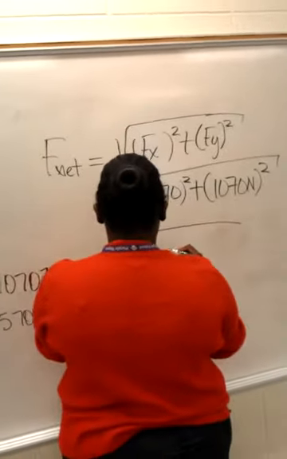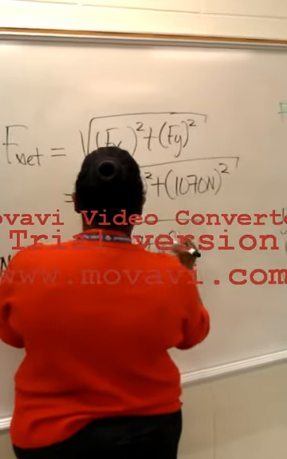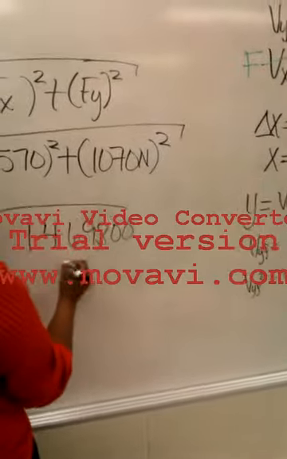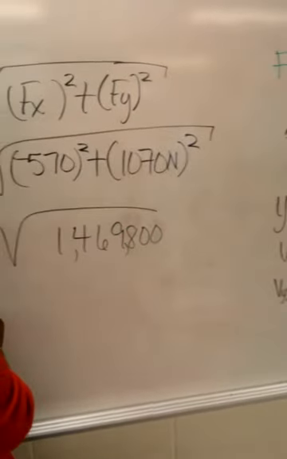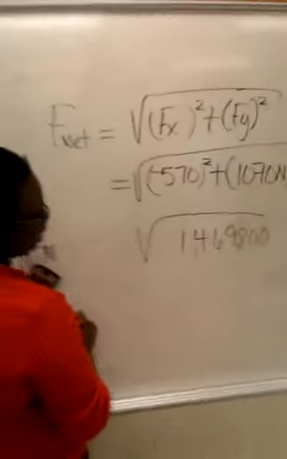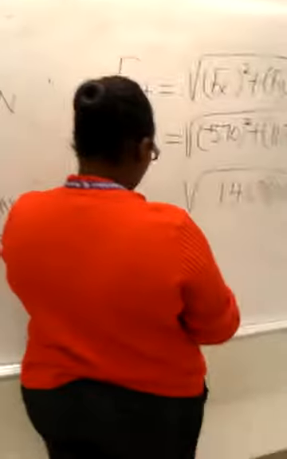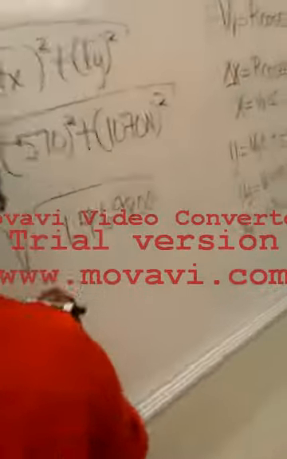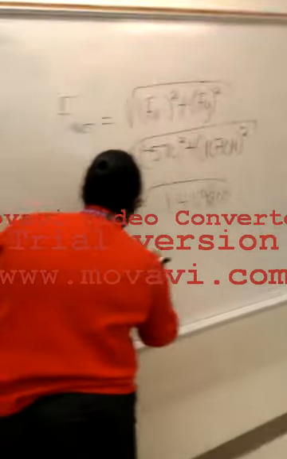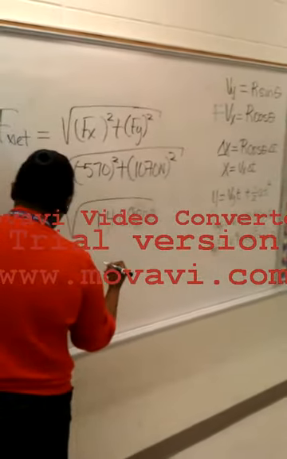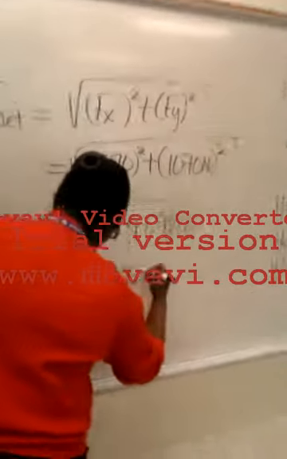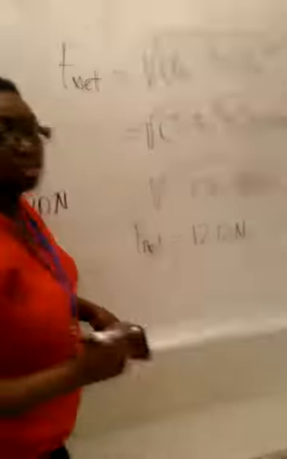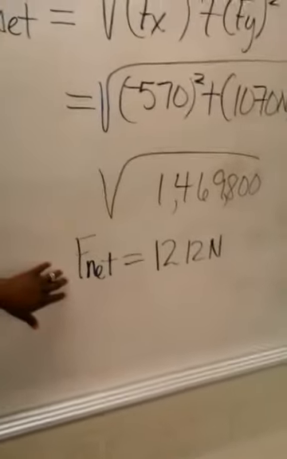So this is going to be the square root of 1,469,800. Okay, so you put that in your calculator and you should get your final answer for your magnitude, which is F net, your force net, is 1,200 newtons.